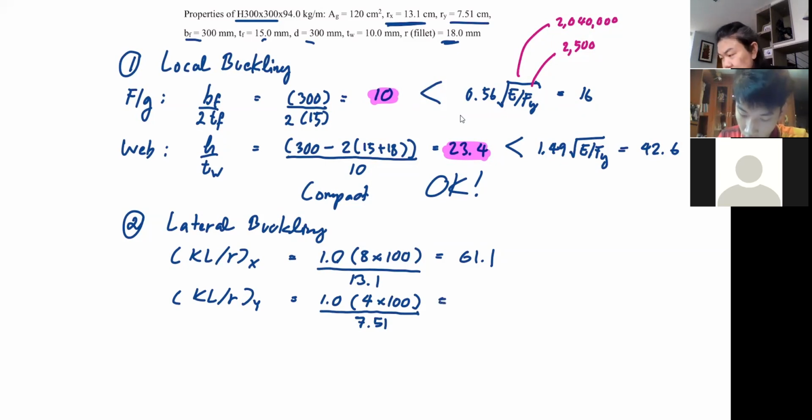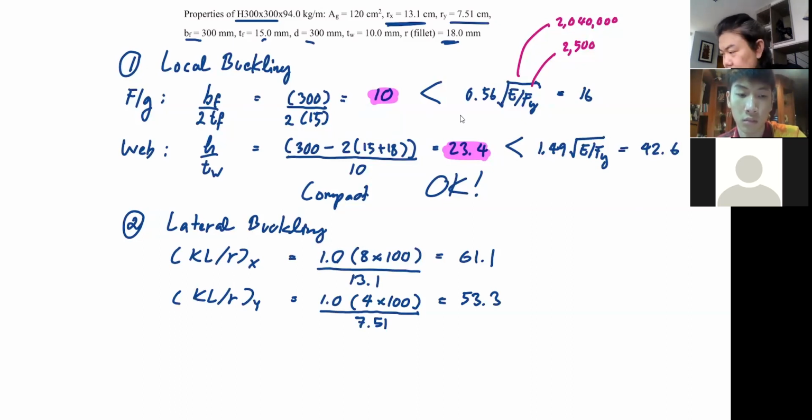Okay, this is 53. So what does it mean? Now we have KL over R in X direction equal to 61.1 and KL over R in Y direction equal to 53.3. So in which direction is the slenderness ratio greater?